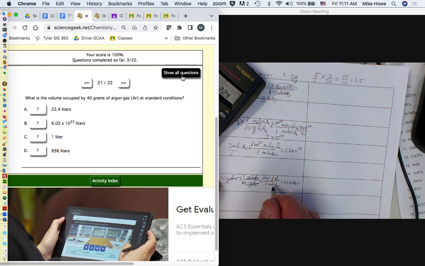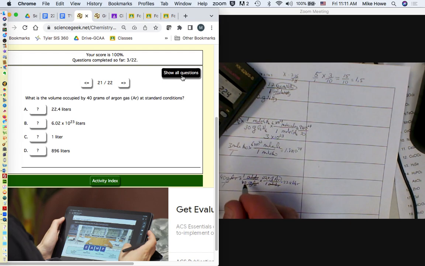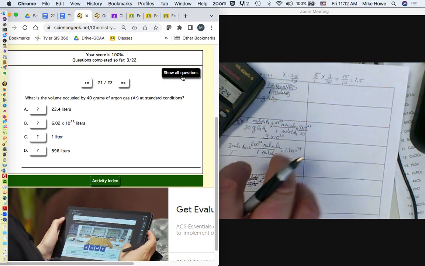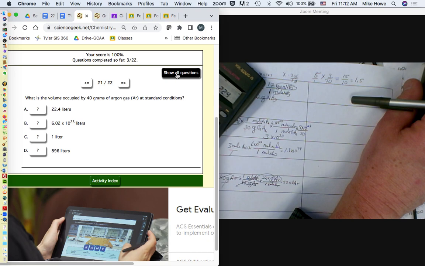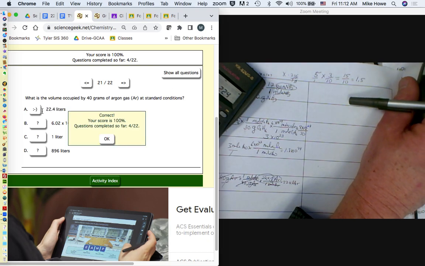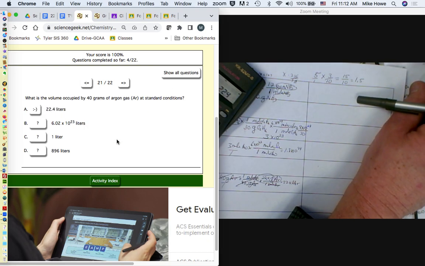Moles were here, so I put them down here to cancel. Final answer, liters of argon. Now some of you may be sitting there thinking, we didn't really need to do all that because I knew that 40 divided by 40 was 1, because you could cancel those out too. And then your answer is just going to be 22.4. And if you want to think about it that way, that's fine. But you do need to show all the work. All right, so the answer 22.4, you see it's right, so you check your answer there.